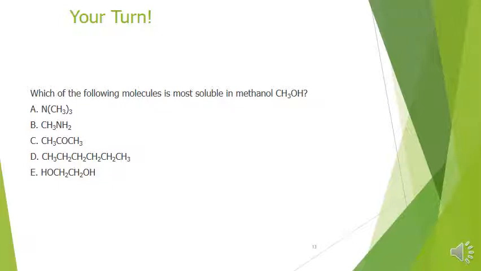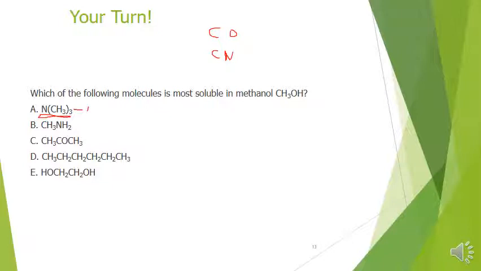Now, is this polar or nonpolar? Well, one of the things I want to make sure you understand is that this is both polar and nonpolar, but it's more likely to be nonpolar. It's not completely nonpolar. So if a substance has carbons and oxygens, or carbons and nitrogens, it will be both polar and nonpolar, but there'll be a tendency for one or the other based on that rule of thumb I told you.